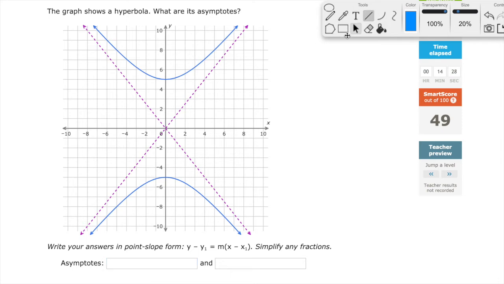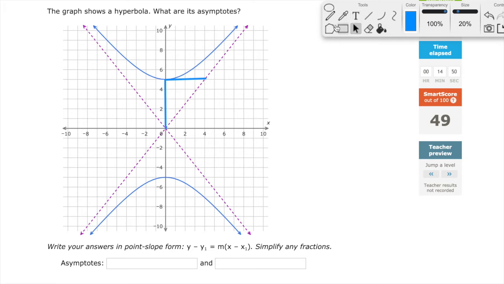So maybe if we're starting at 0 and I want to go until I get to the vertex and then over. So I would go up 5 and over 4.